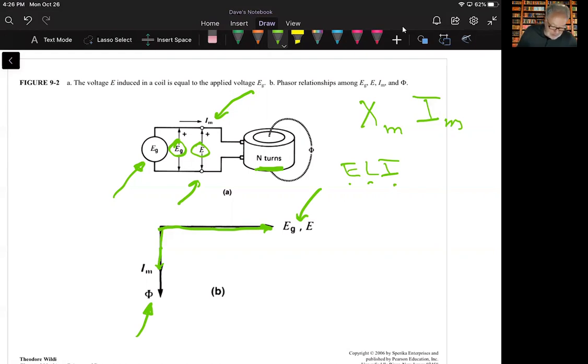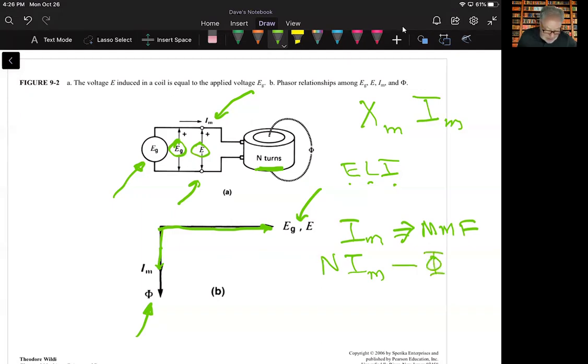Now, he goes on to say the detailed behavior of this circuit can be explained by telling us that I sub M produces a sinusoidal magnetomotive force, that we have looked at already, and that is simply number of turns times the current, which in turn creates this sinusoidal flux. So this creates the flux.